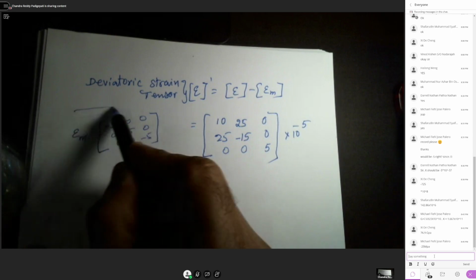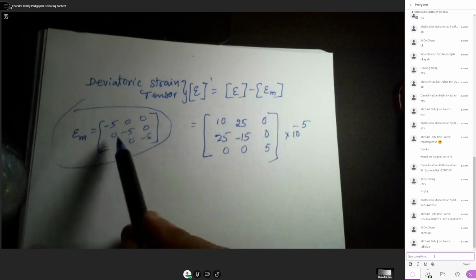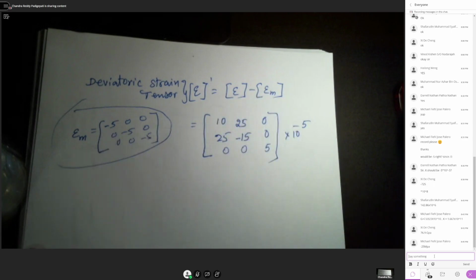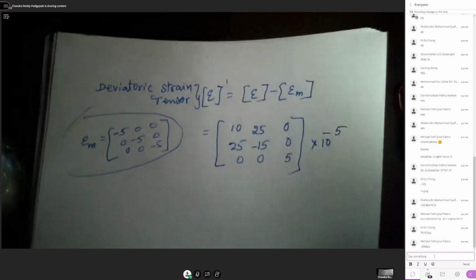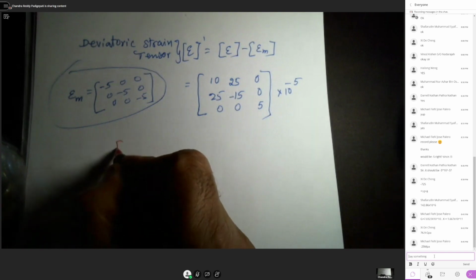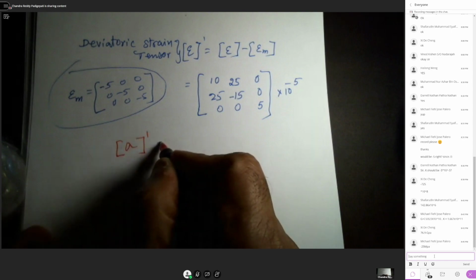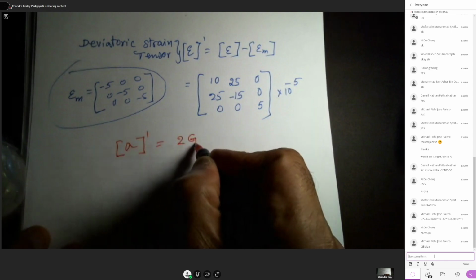All right, so this is just to write the mean strain tensor in matrix format. So once we know the deviatoric strain tensor, then you can convert this deviatoric strain tensor into deviatoric stress tensor sigma dash. So this will be 2G.